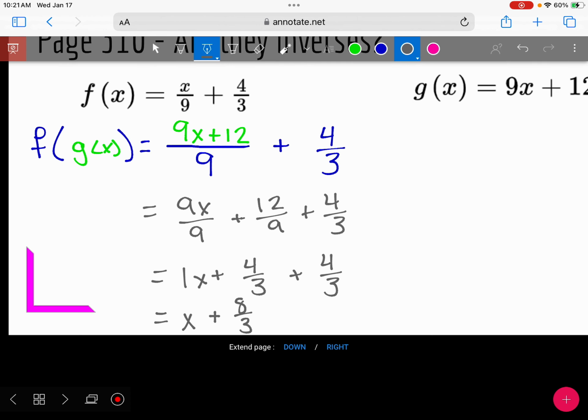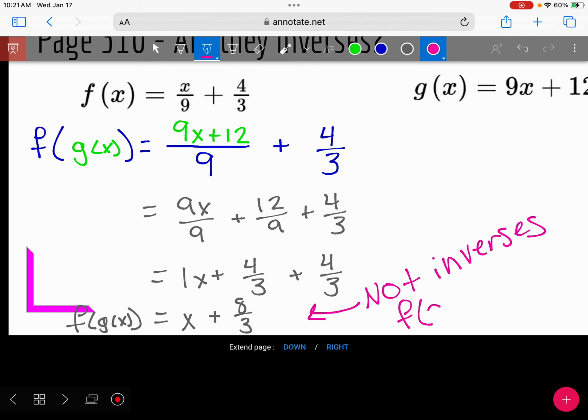Either way, does this equal x? Is my composition, f of g of x, equaling x? Is there any chance that these are inverses? No. These are not inverses because f of g of x does not equal x.